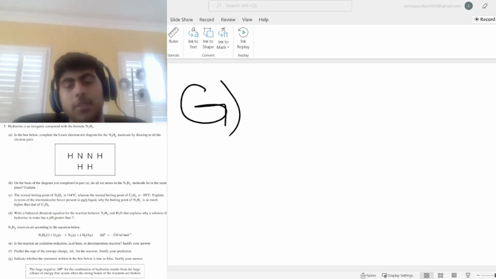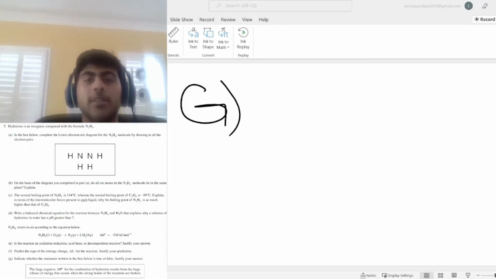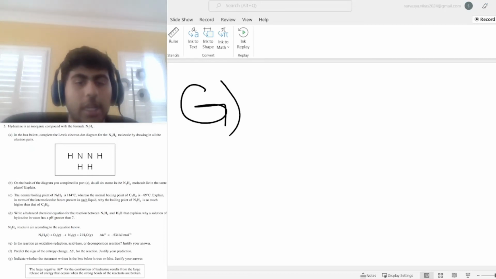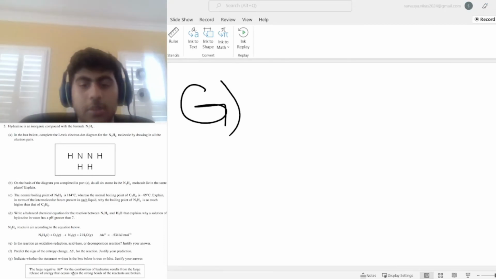Well, the first thing I see that's wrong with this statement is that when you break bonds, you put in energy. You don't release energy. You release energy when bonds are formed, not when you break them. To break the bonds, you have to put in energy. That's something I see that's wrong. So let's write that.